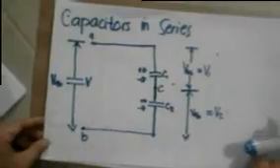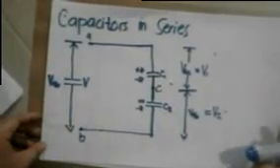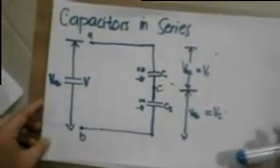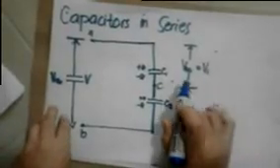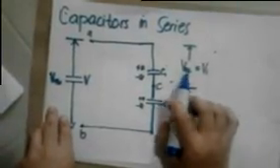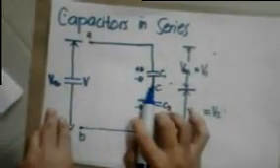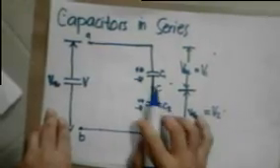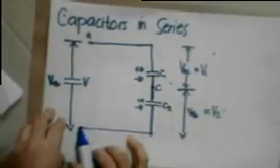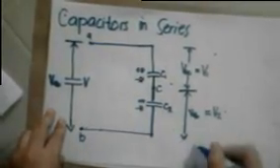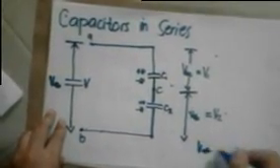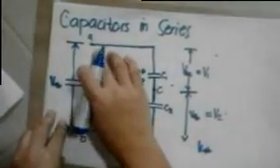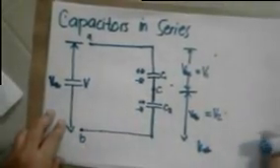We use the symbols V1, V2, and V to denote the potential differences: the potential difference from point A to C across the first capacitor, from point C to B across the second capacitor, and V sub AB across the entire combination of capacitors, respectively.